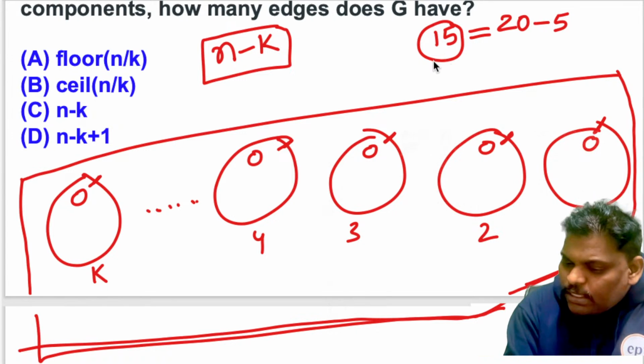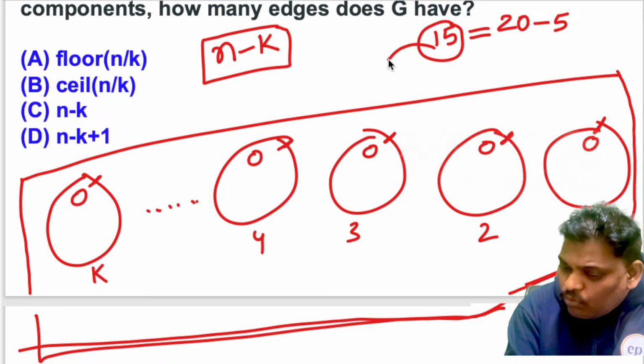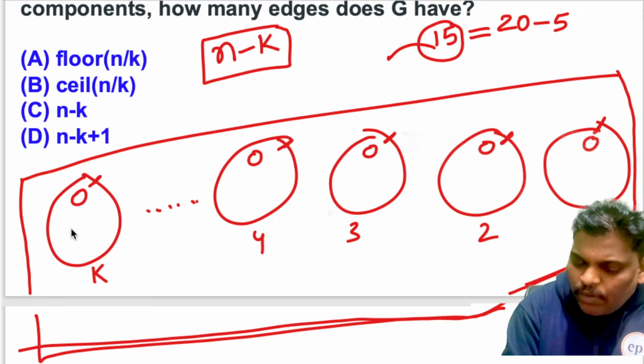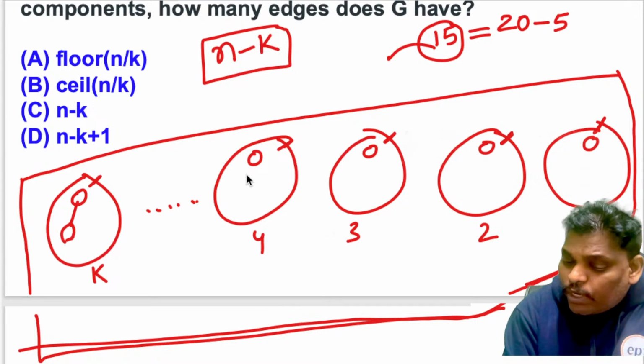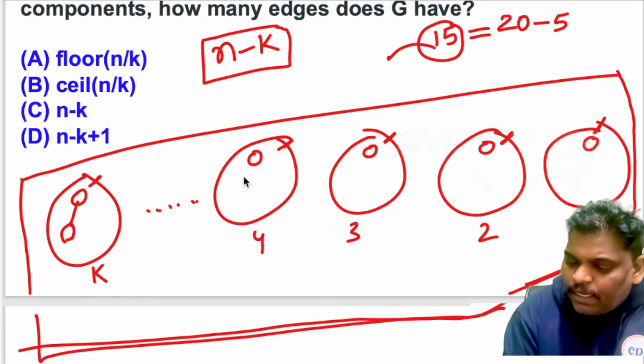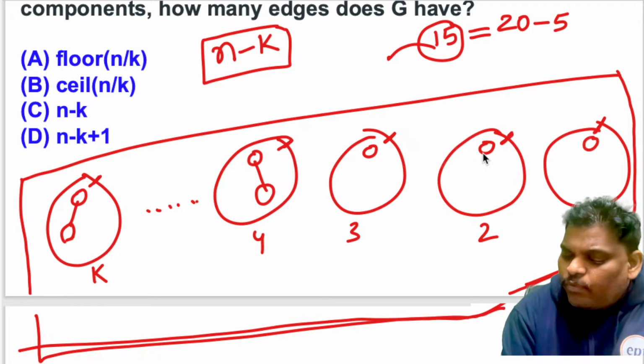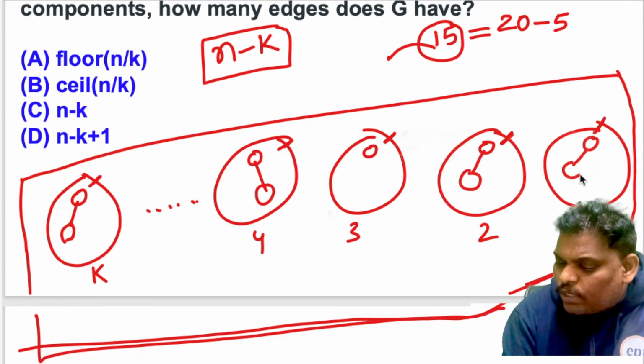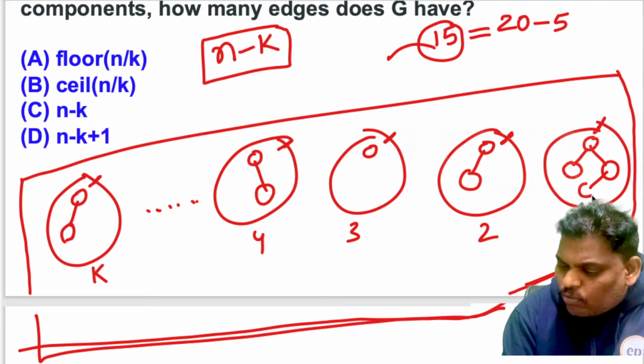Now for every one of these 15 nodes, one edge will come. Suppose you take one node here, one edge will come, because every component is a tree. If you take one more node, one more edge will come, and so on.